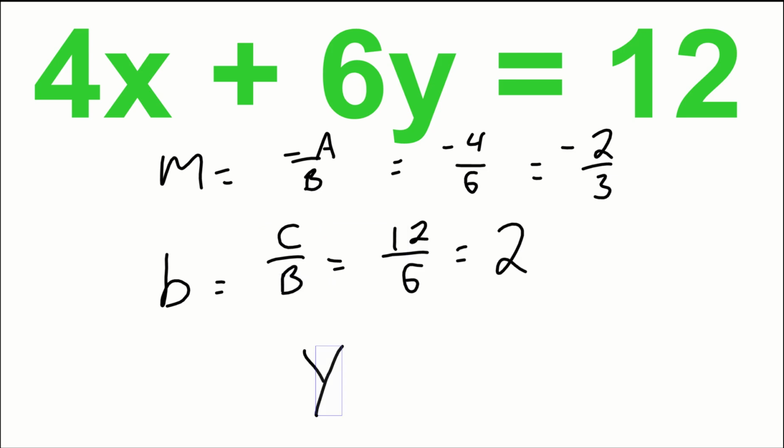So y equals negative 2/3 x plus 2. Everybody kind of follow? Not horrible, not difficult math to do, just steps to remember, right? All right, so any questions on that?